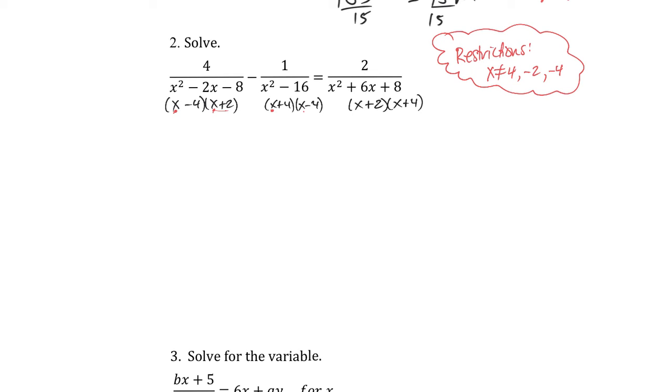So we have 1, 2, okay, so all of them. All right, so we have x minus 4, x plus 2, x plus 4. We have to multiply that times 1, 2, 3 different terms.